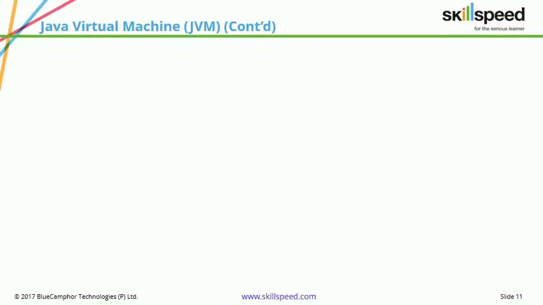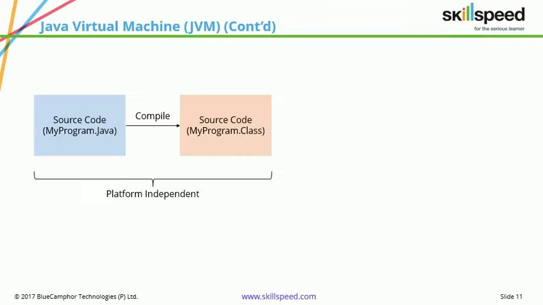So if you look at the basic structure of a JVM, the part where you compile a normal Java program into a class program, the generated class program, up to that part is platform independent, because the generation of a new file results in a low level program inside it.